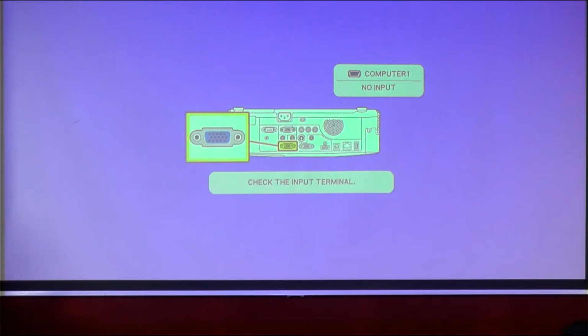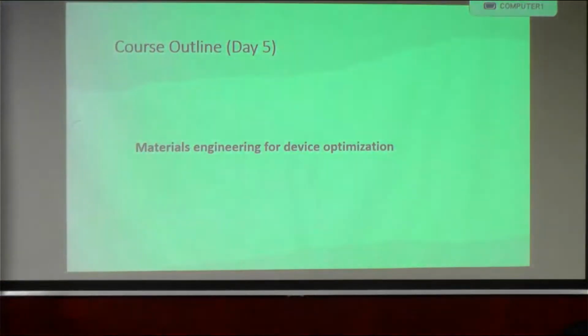And here we start and proceed further with materials engineering for device performance optimization. We already have seen some data on how to optimize the devices, like doping and superlattice structure formation.